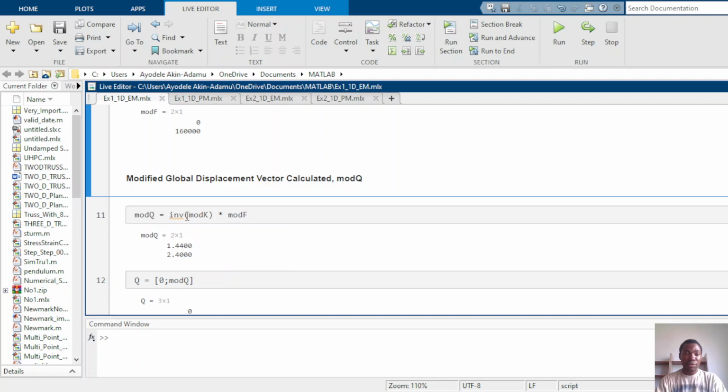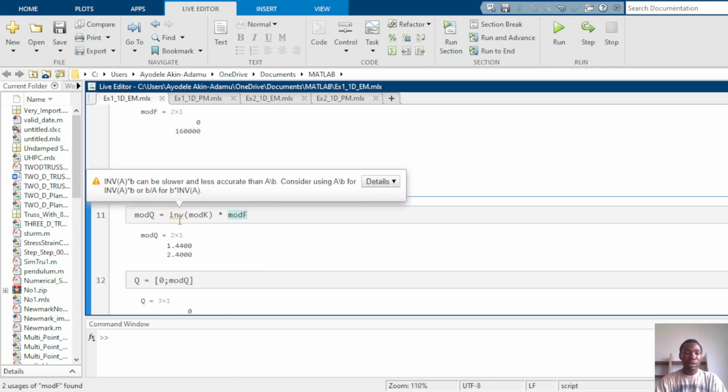In MATLAB, there is a function called INV. It's an inbuilt MATLAB function which is used to find the inverse of a square matrix. So that's what I'm using to invert this mod K.